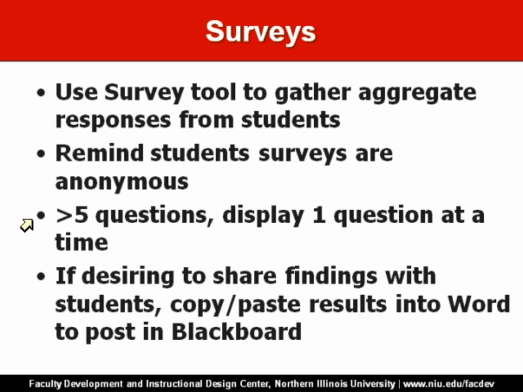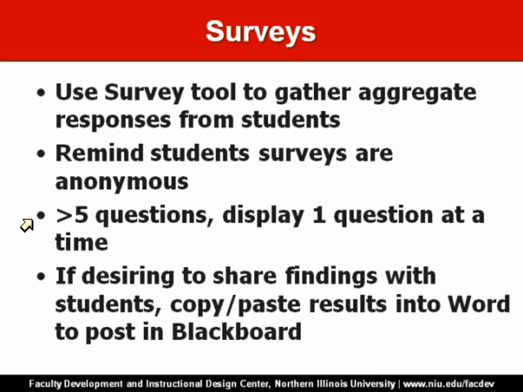A tip that I found is that if you are using a survey in Blackboard that has more than 5 questions, displaying one question at a time, rather than having all the questions show up on the screen, tends to reduce some of the user error opportunities. Especially on older types of connections, this isn't quite as big of an issue now as high-speed internet is becoming more popular and more widely available.